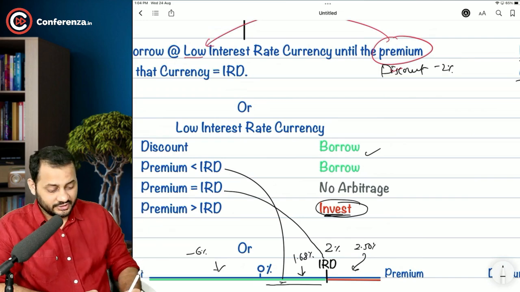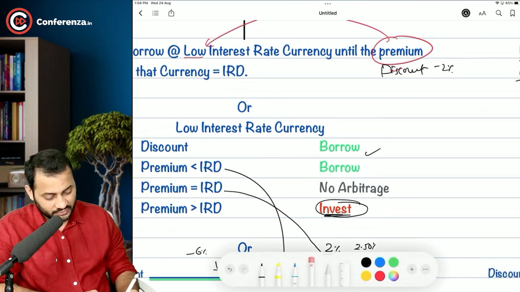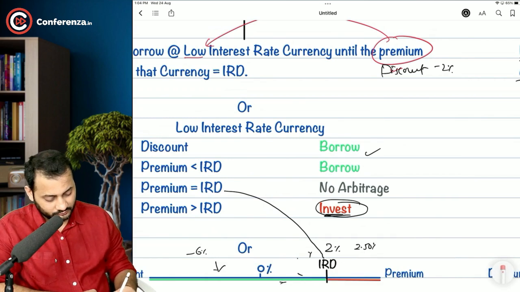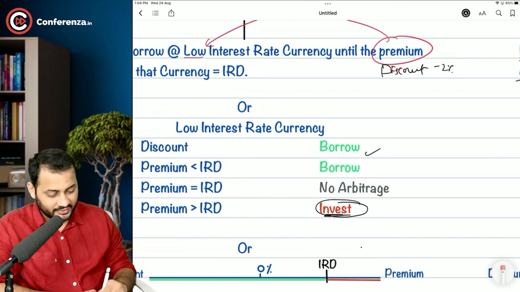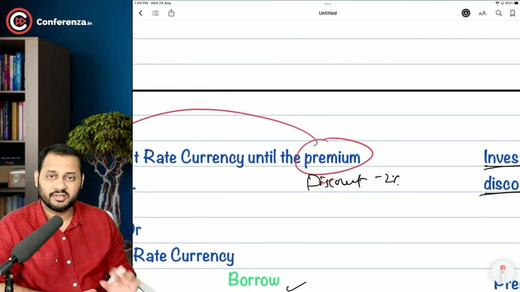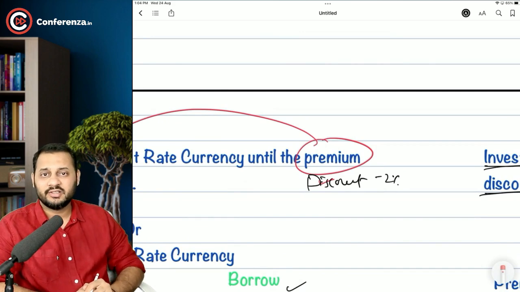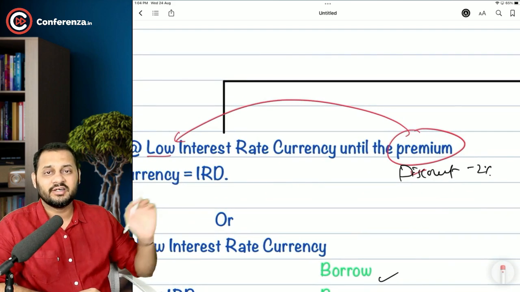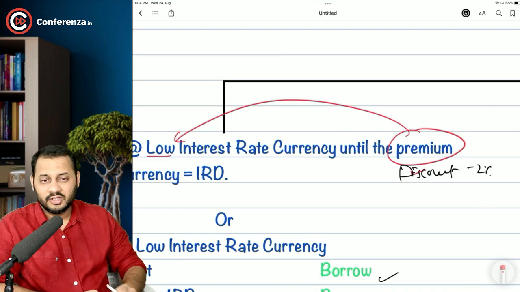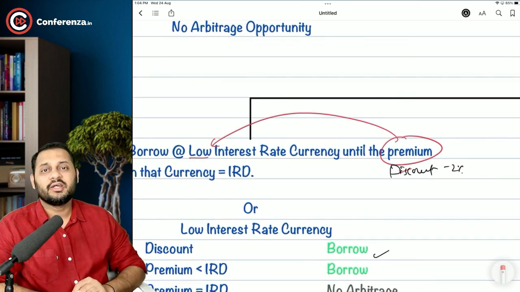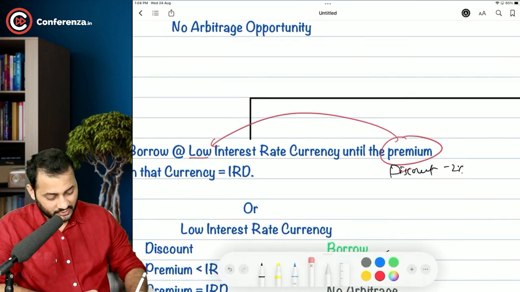Low interest rate currency should be, see, I will just remove all this. You might get confused with minus 2%. No, sir. If the dollar is at a discount of 2%, then still it is not matching with the interest rate differential, because it was expected to be at a premium. I will tell you how.